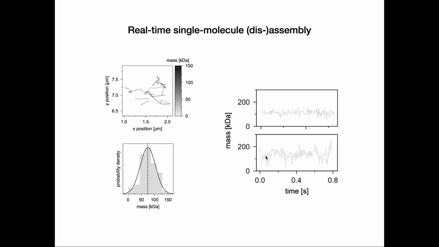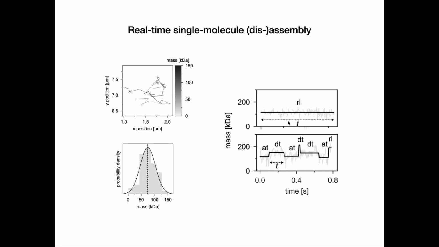Now, because the shifts in the mass were very tiny for the MinD system, we used a step detection algorithm that would use statistical criteria to detect steps in the trace.